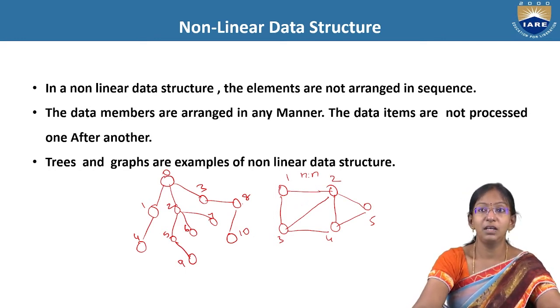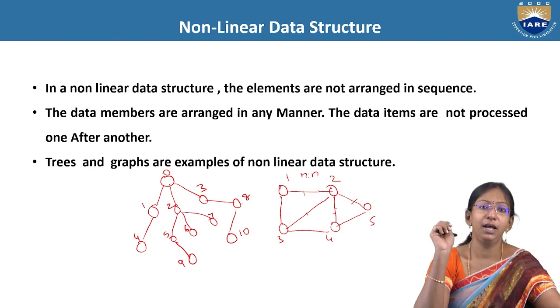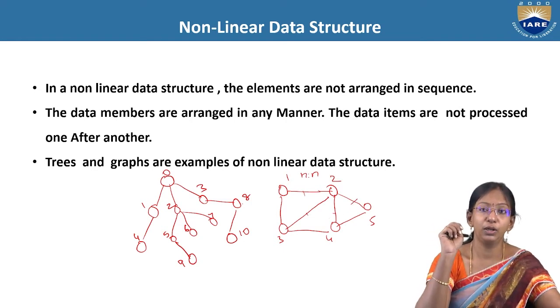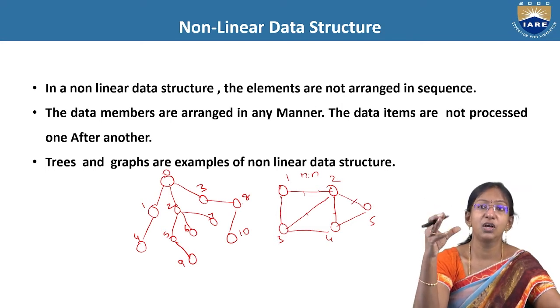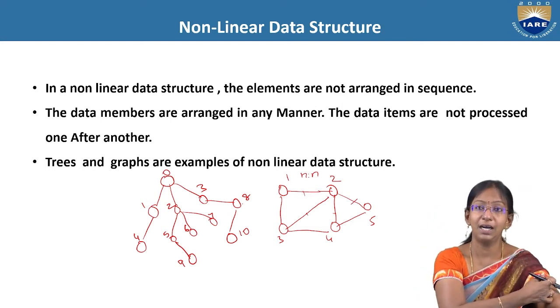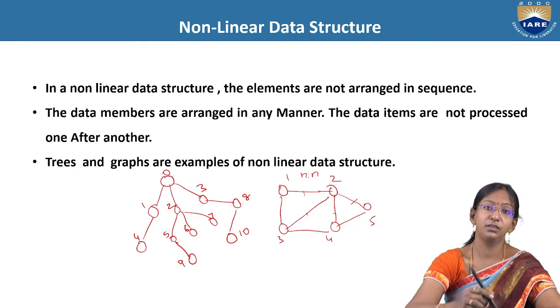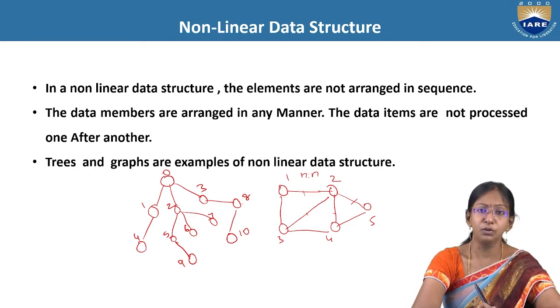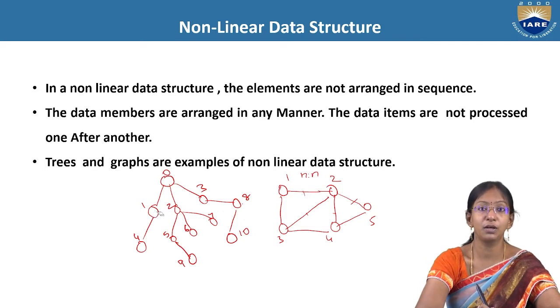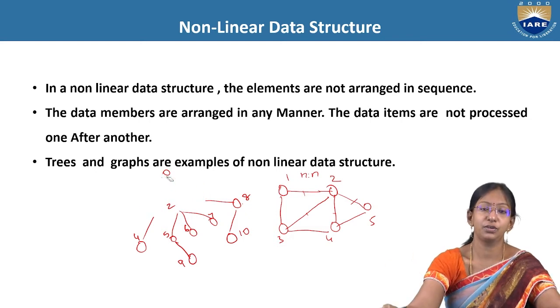Node 1 is related to 2 as well as 3. Node 2 is related to 1, 3, 4 and 5. So the cardinality changes, but on the right side of the cardinality you can see a numerical value that is more than 1. When such a feasibility is given, it is definitely a non-linear data structure.